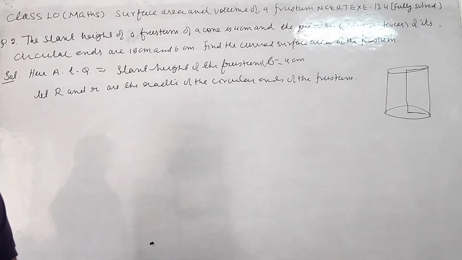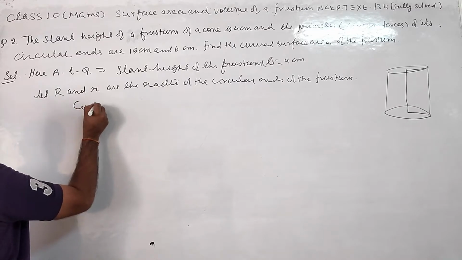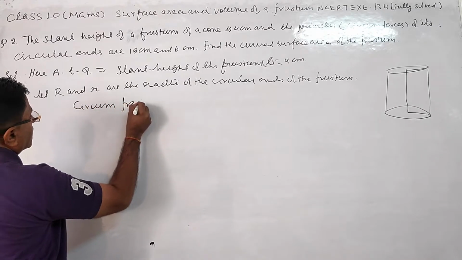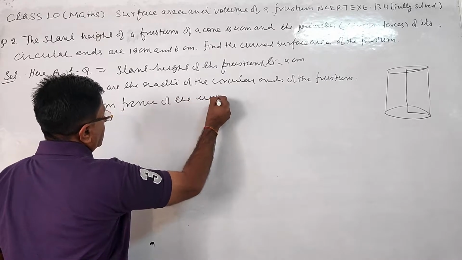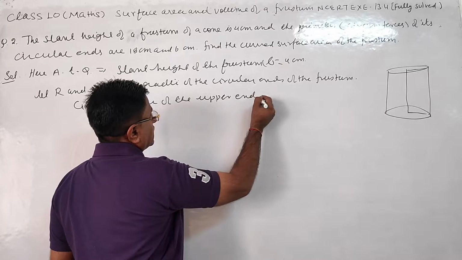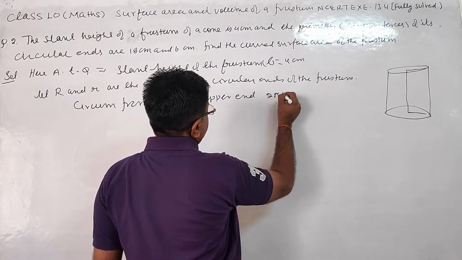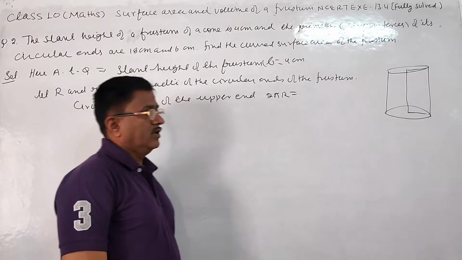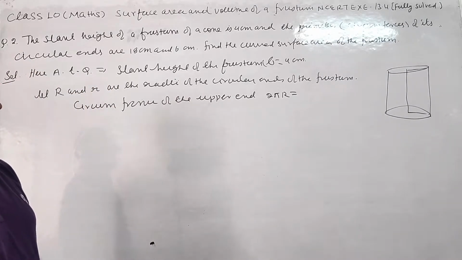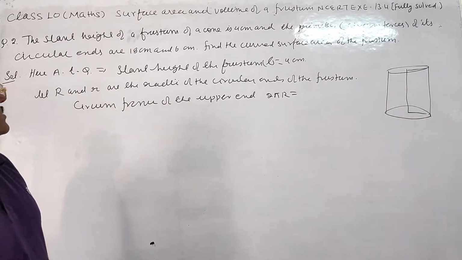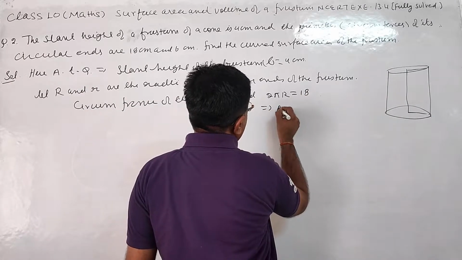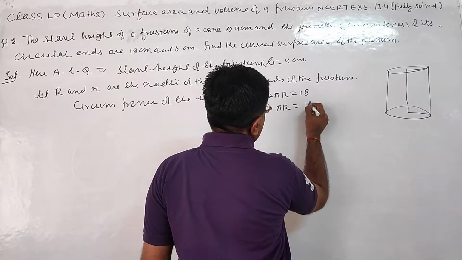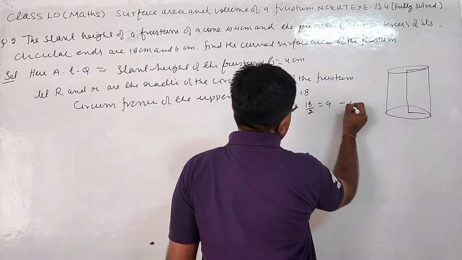Now by the given condition we are given circumference, so we can say the circumference of the upper end, that is, the circumference formula is 2 pi R, for the 2 pi capital R, which is given as 18 centimeter, the larger one. So from this we get the value of pi R: 18 by 2 equal to 9.